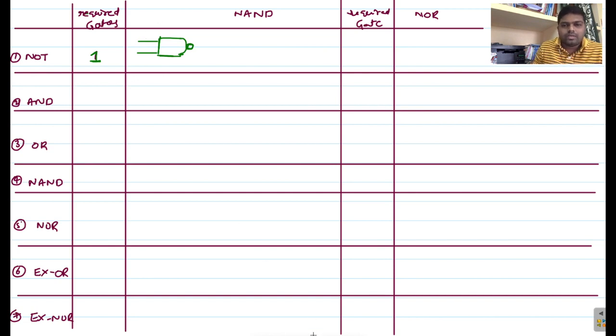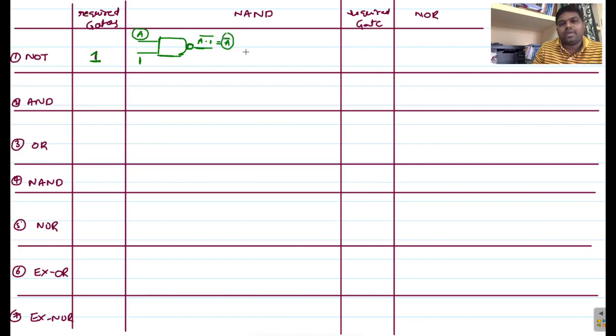So I am taking A, and here I am providing input 1. Now what you will get here? A into 1 whole bar, so you will get A bar. That means inverted or NOT.